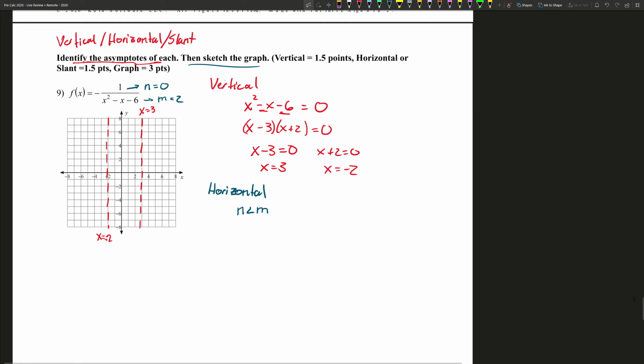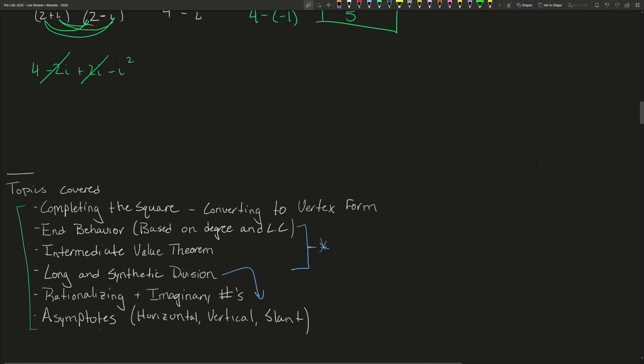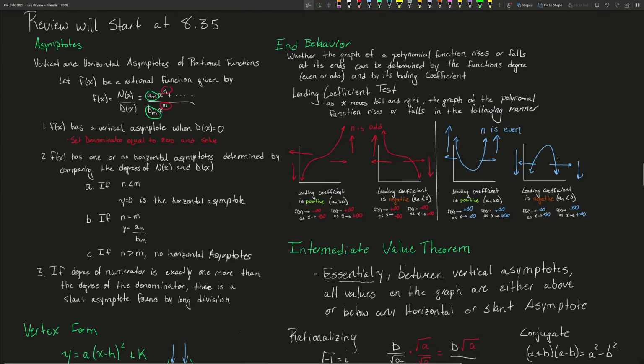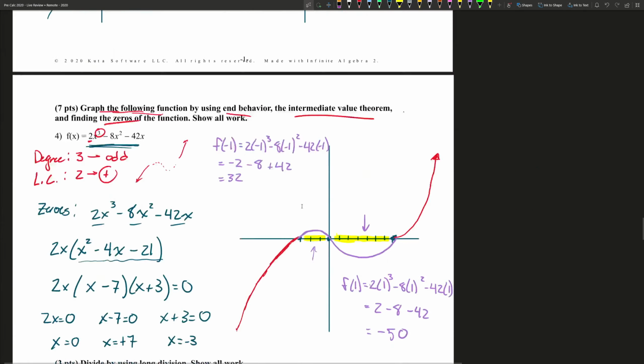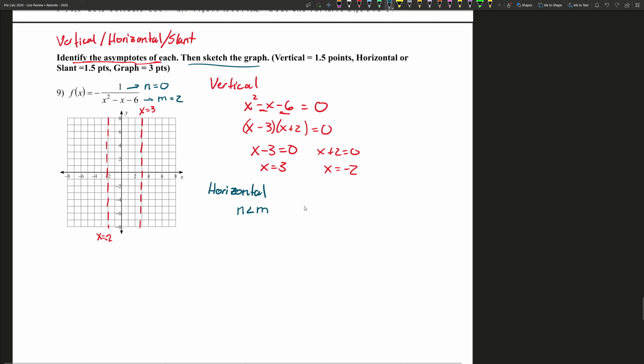So we go up to our rules, and we find n is less than m. So y is equal to 0 is our horizontal asymptote. So we plot that. That's just the x-axis. All right, and then we've done step 1.